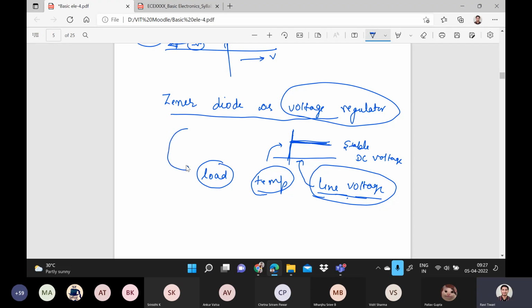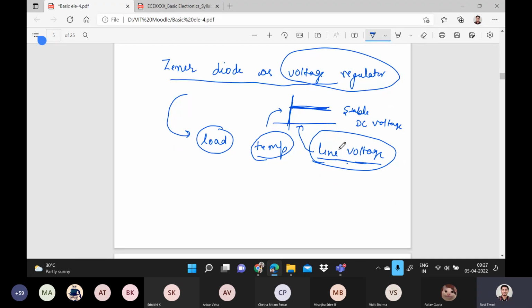Because of this characteristic, we say that a Zener diode is a voltage regulator. So voltage regulator means what? Which provides a stable DC voltage, which is independent of load current, temperature, AC line voltage variation. Okay. So if you are getting the constant output here, it is called a voltage regulator.